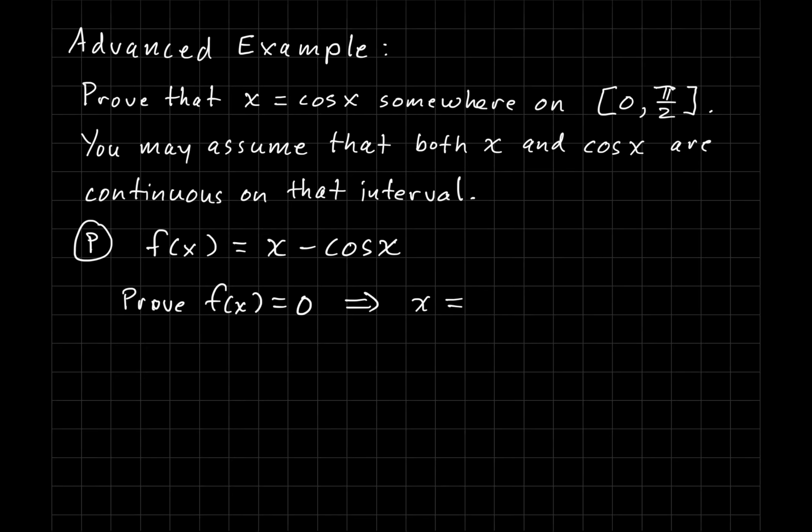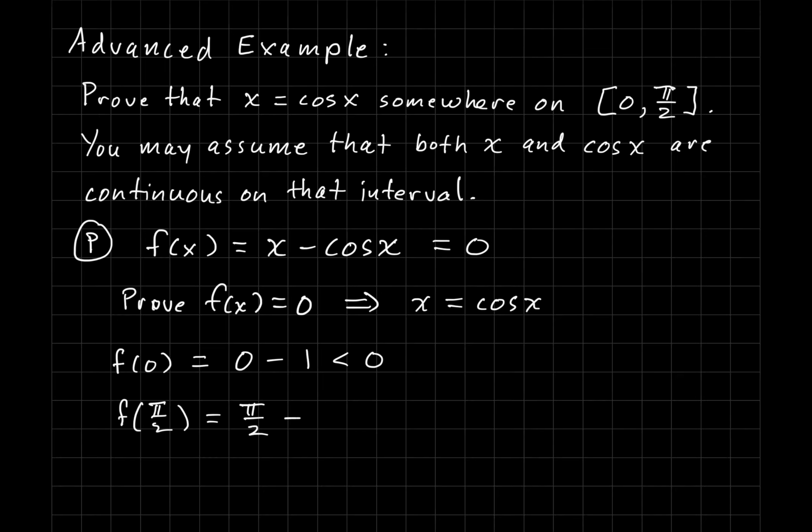So this is not that dissimilar from the problem we did up above, the numerical example. Let's find f of 0, which is one of my endpoints. Then f of 0 is 0 minus the cosine of 0, which is negative. And if we find f of pi over 2, which is pi over 2 minus the cosine of pi over 2, or 0, which is a positive value.